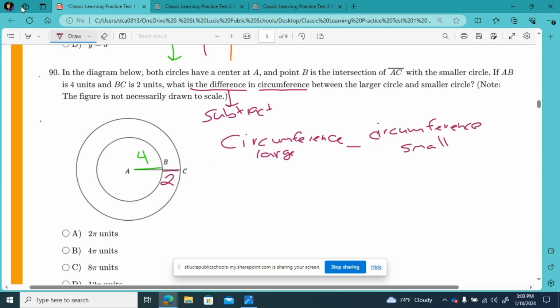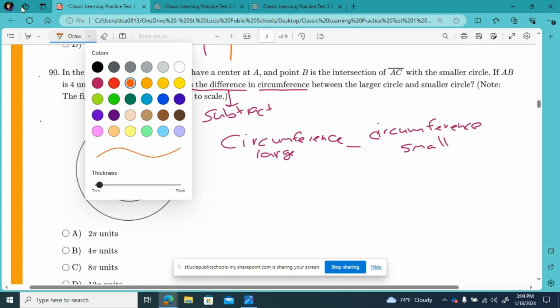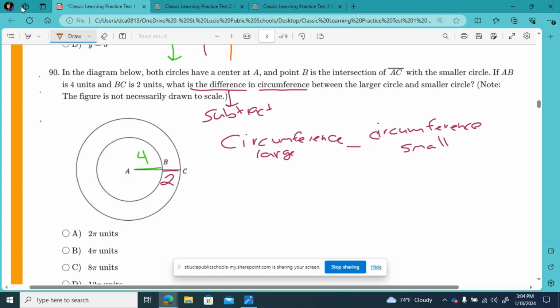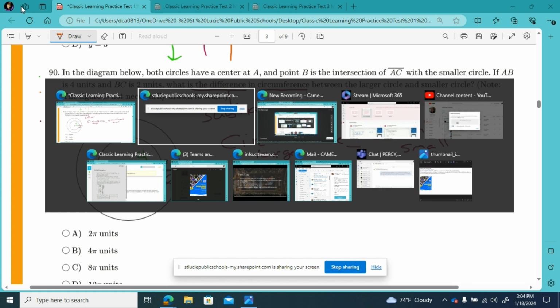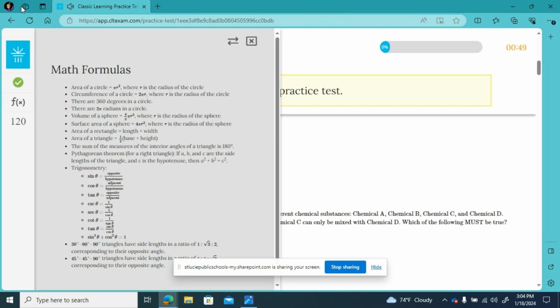I'm going to use another color. And circumference, if that is something that you don't have memorized, your formula for circumference of a circle, I want to show you really quickly where to pull this up in the test, right?